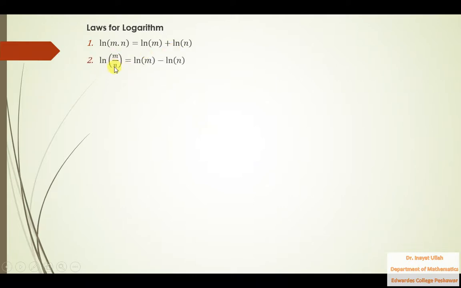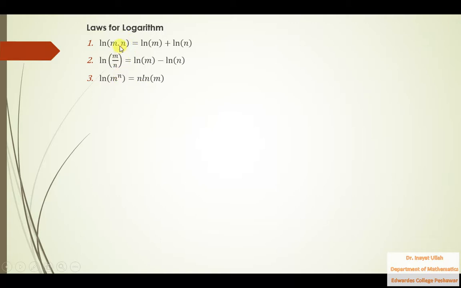If there is a quotient of two functions, put a negative sign there and write log separately on both the functions. And the third one is log of m to the power n. The property of log is that it drops down this power n here, so that will become n log of m.